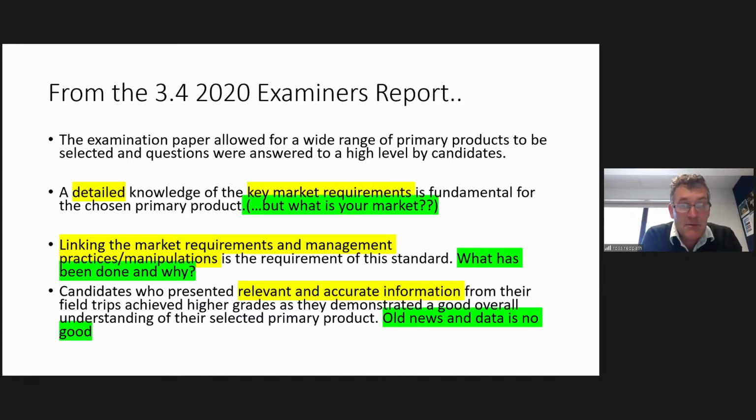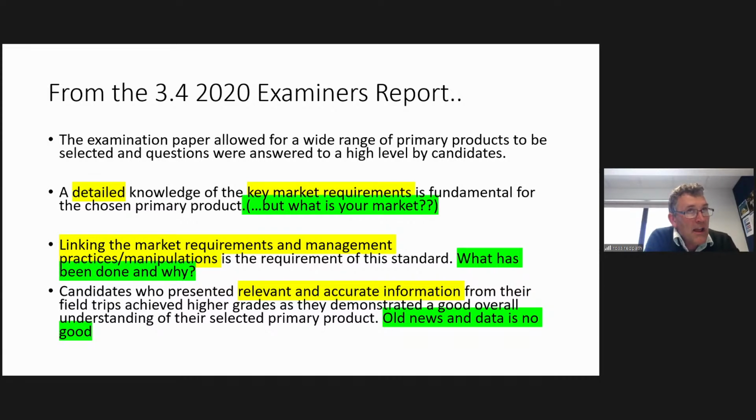So there are some requirements that the market actually has, and be very clear about what those requirements are, because linking those requirements to management practices and what is done on farm is basically the main intent of this standard.